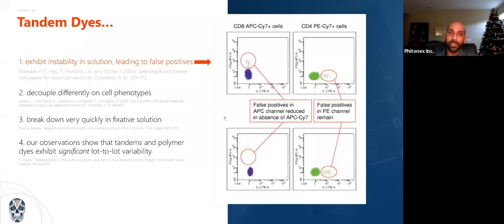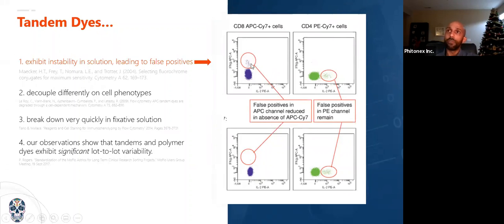One of the big issues with tandems is their instability in solution. This is an example of APC-Cy7 as well as PE-Cy7 in solution that have started to degrade into their individual dyes. APC is degrading into APC and Cy7, and PE is degrading into PE and Cy7.